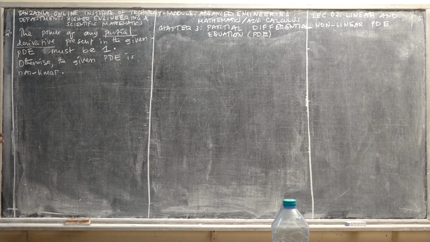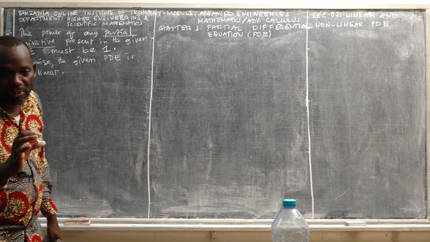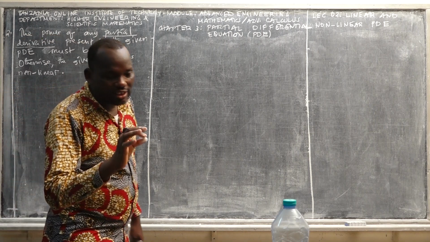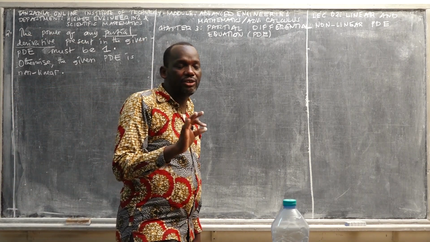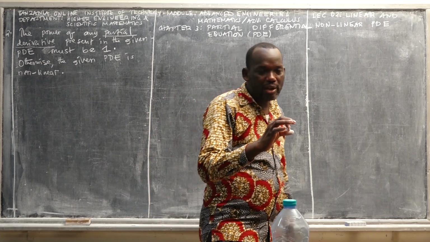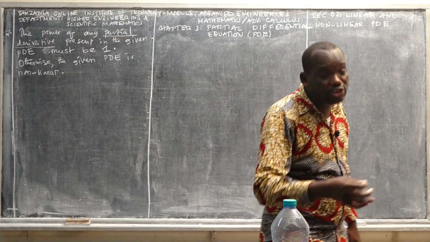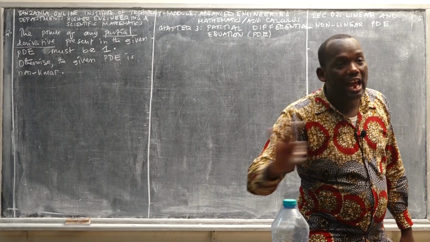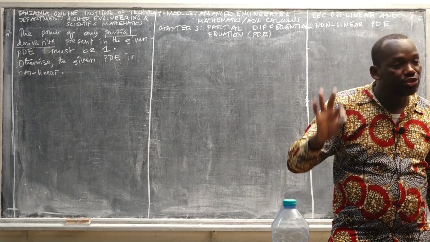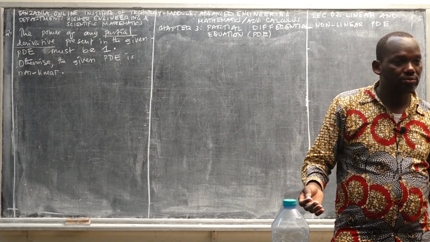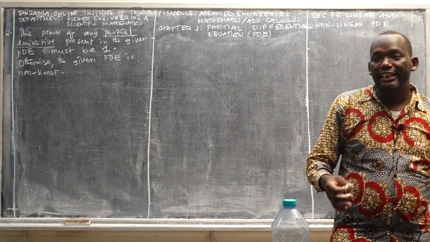So if the power of any partial derivative, whether highest partial derivative or any other partial derivative, is greater than 1, maybe it is 2 or 3 or 4, that is a non-linear partial differential equation. That's all.